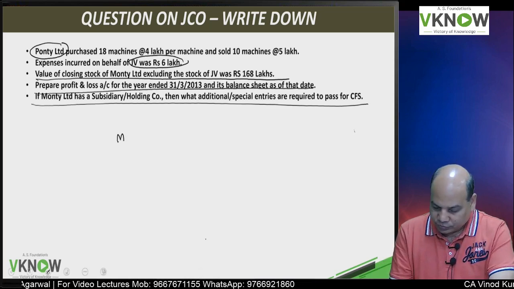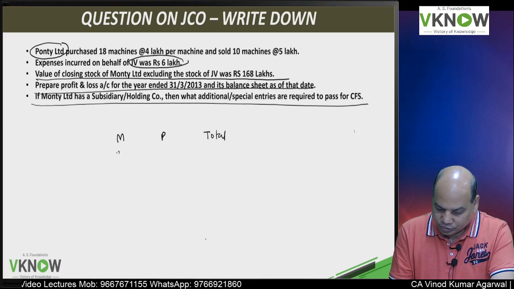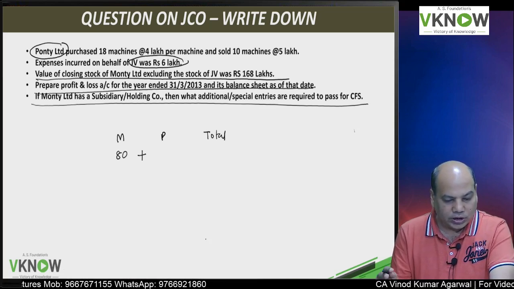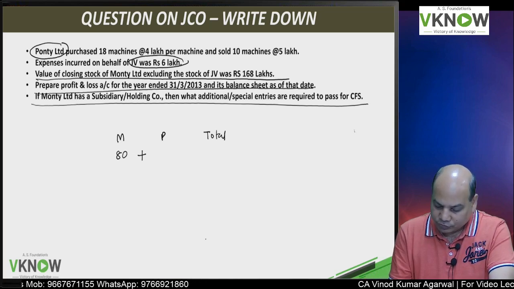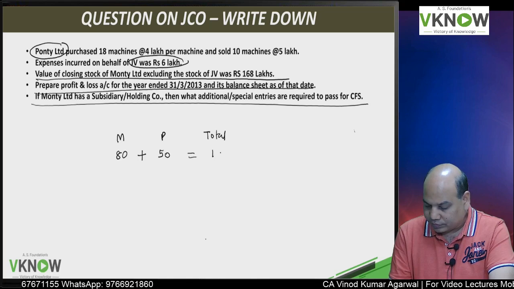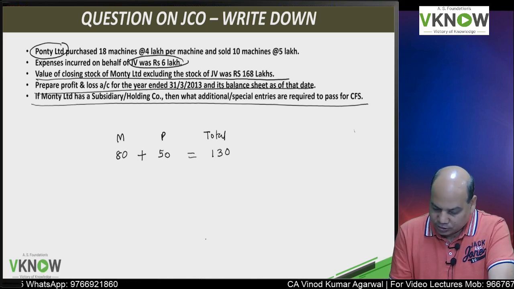Monty and Ponty together have made sales. Monty has sold 80, Ponty has sold 10 machines at 5 lakh, 10 into 5 is 50. So total sales of the joint venture is 130.